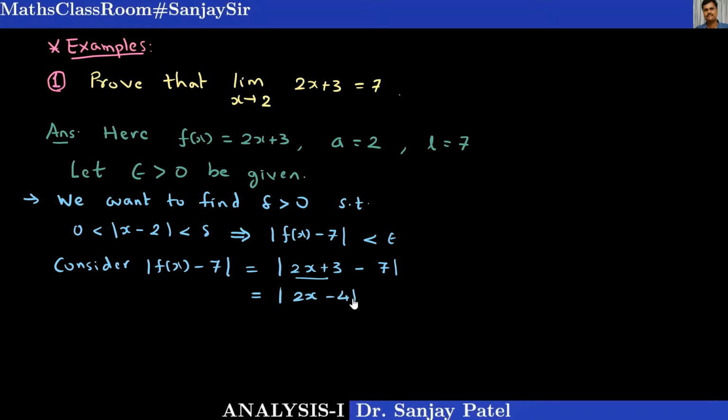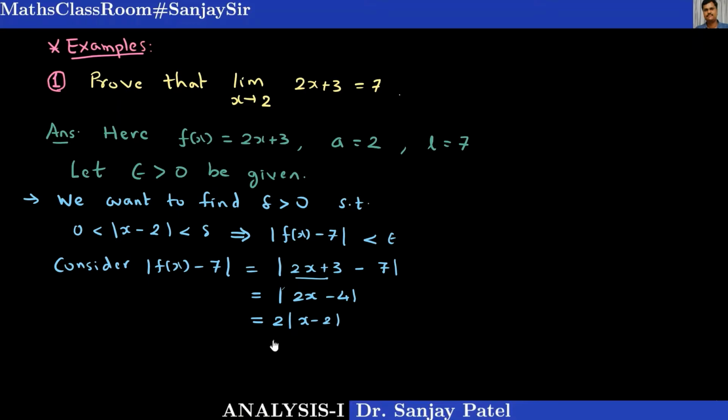Remember one thing, that we want to make |f(x) - L| less than epsilon subject to this condition. So we always try to express this expression in terms of x - 2, or whatever is given here, |x - a|. And here you can see, if I take 2 common, then I can rewrite this as 2 times |x - 2|, because 2 is positive, there is no problem here.